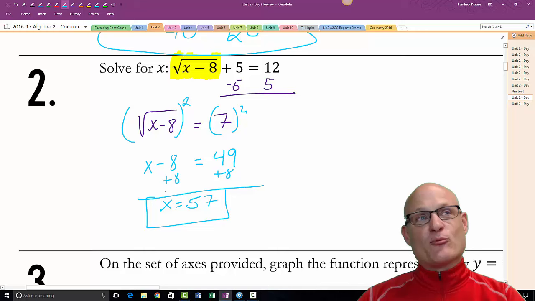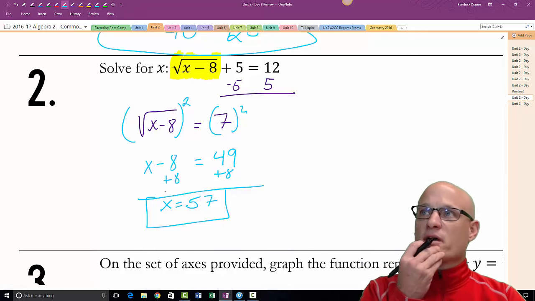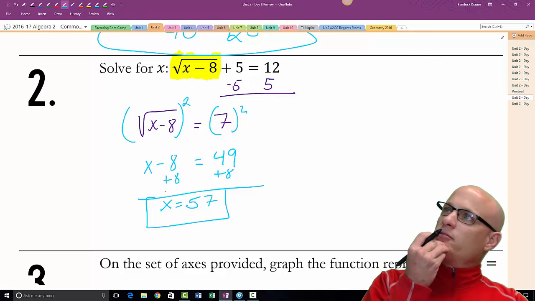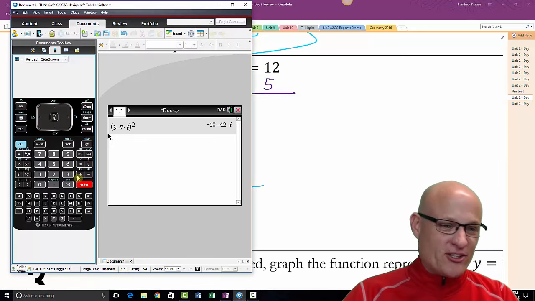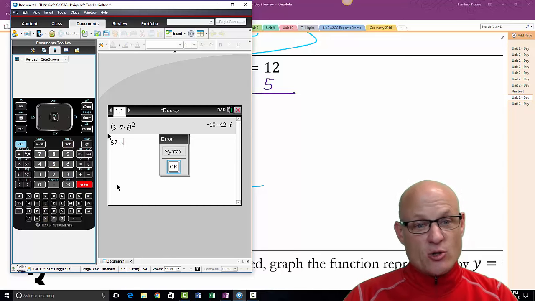Gee, I wonder if I'm right. I wonder if there's a way I could check my answers and be correct. I bet there is! Oh yes there is! The store feature on the calculator. Let's do that. 57, control var x. Enter. Oh, forgot x.